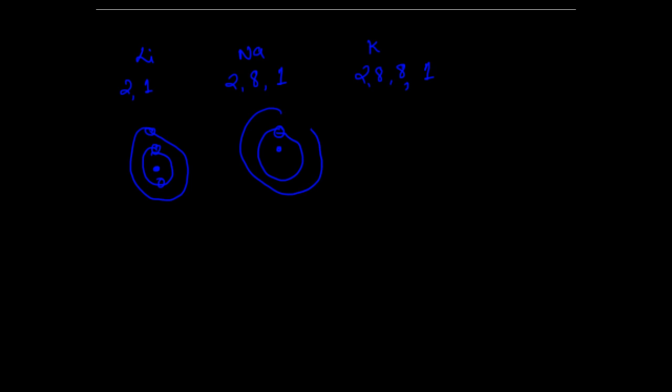First of all, let's read the easy case, down the group. Suppose we consider lithium and sodium. Lithium has electron configuration of 2-1, whereas sodium has electron configuration of 2-8-1. And now let us consider potassium, 2-8-8-1. The atom for lithium will be this, whereas the atom for sodium will be this, with 2 electrons in the first orbit and 8 in the second.